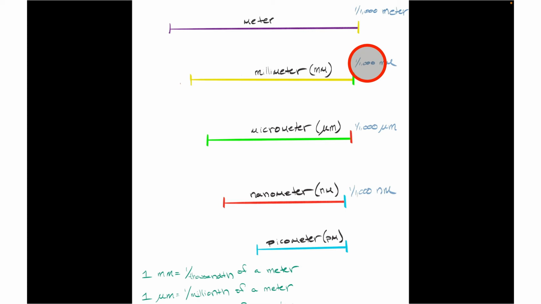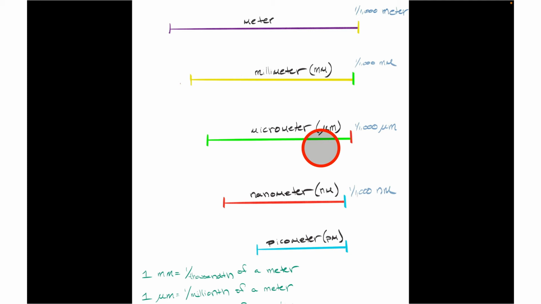1/1000th of a millimeter is a micrometer. So same idea here. This whole yellow line is a millimeter, but this portion of it, just the green portion, represents a micrometer. Keep in mind this symbol that looks somewhat like a U represents micro.